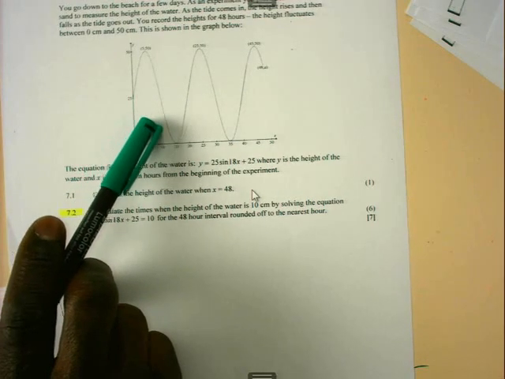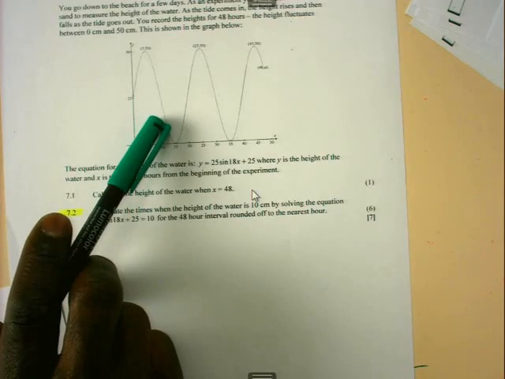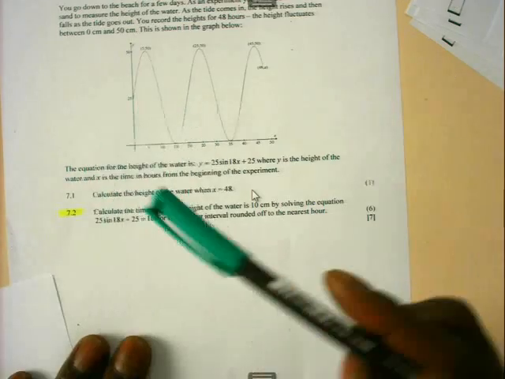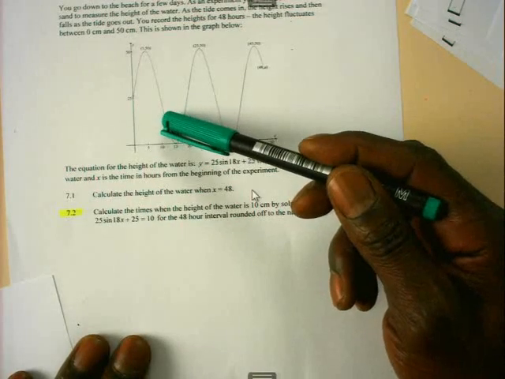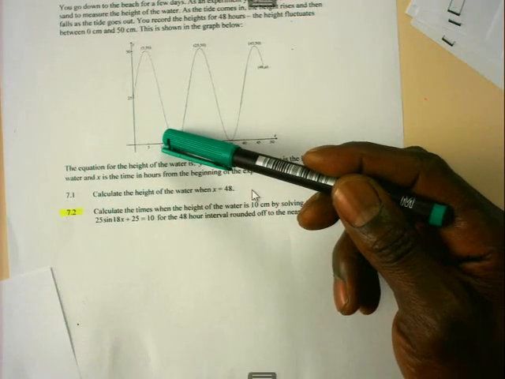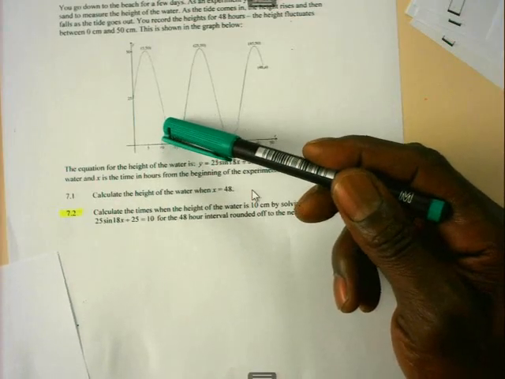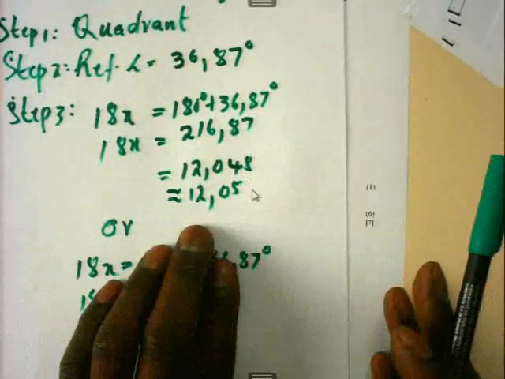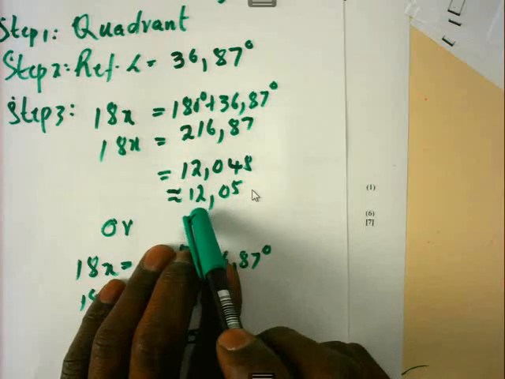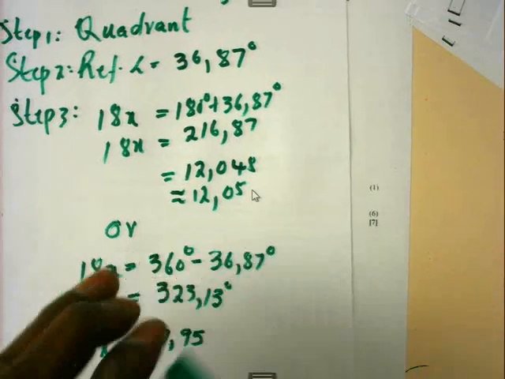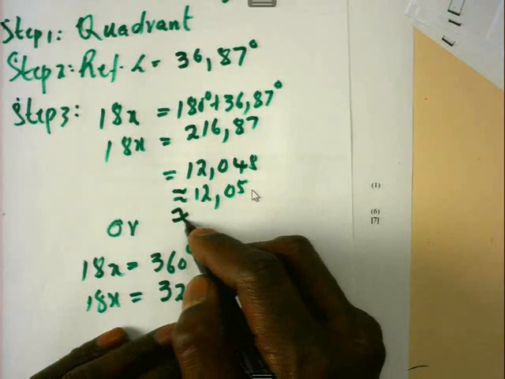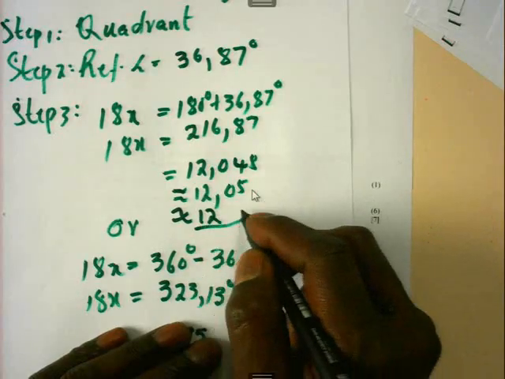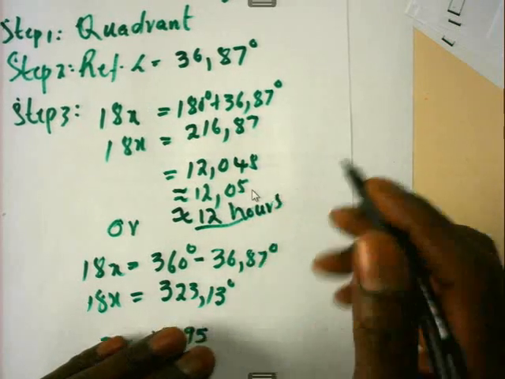Now, if we move along here and come to this graph here, we look at that point there, we look down there. This value must just be more than 10 hours, and our answer here really agrees with us, that the answer is 12.05, which to the nearest hour will be 12 hours.